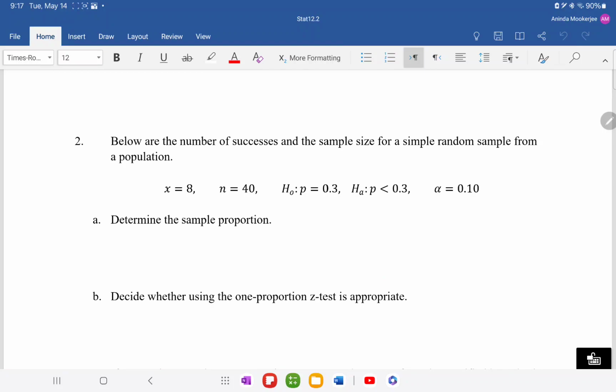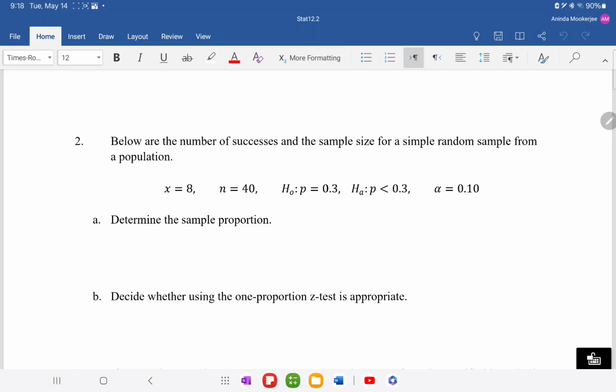So number 2 here is again a straightforward problem. It's not an application-based problem. It says here, below are the number of successes and the sample size for a simple random sample from a population. Here, x equals 8, n equals 40.